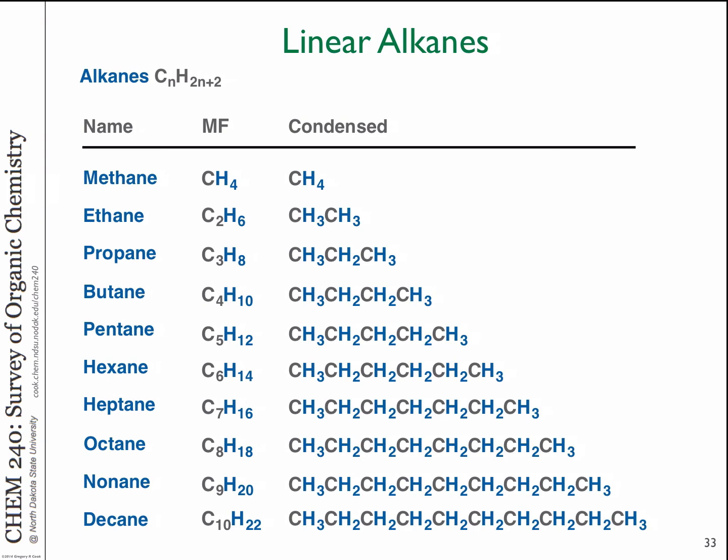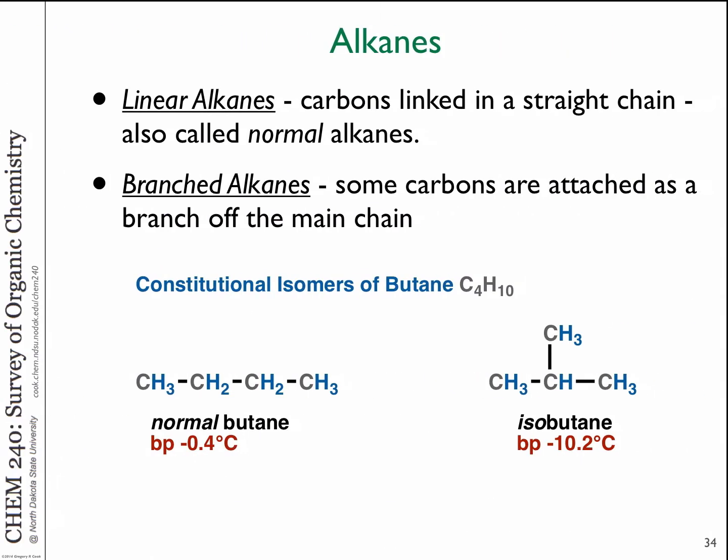But as you get branched molecules, you can have different isomers, the same molecular formula, but they're bonded differently, arranged differently. For example, the normal alkanes or linear alkanes are one area, but branched alkanes can be isomers of those linear alkanes, and the simplest one that you can make isomers of is butane, the 4-carbon chain.